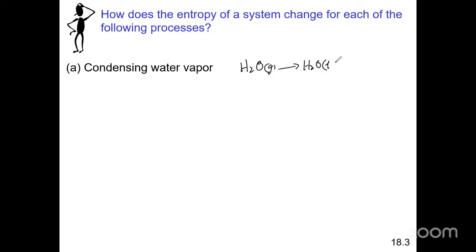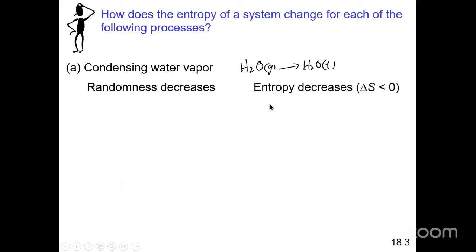So would that correspond to an increase or a decrease in entropy? Decrease, exactly. And that's because of the decrease in randomness, so therefore, delta S is going to be negative.